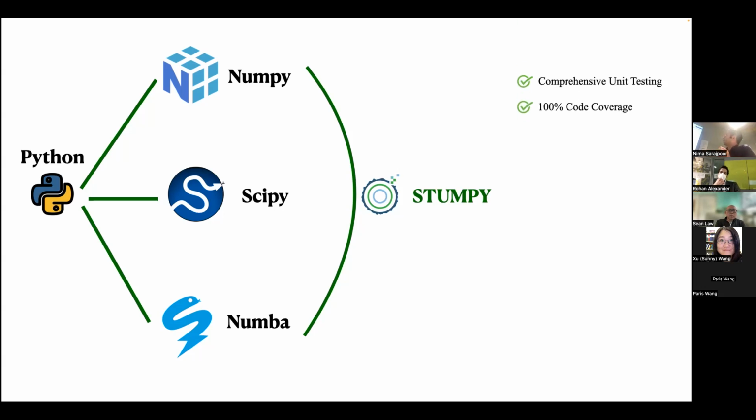We also have 100% code coverage, where you may say, okay, 100% might be an exaggeration, but I can say that we tried our best to make sure that the code is very reliable. In fact, this started, I think, in 2019, and it has been 4 years, and we have maintained 100% code coverage since then.